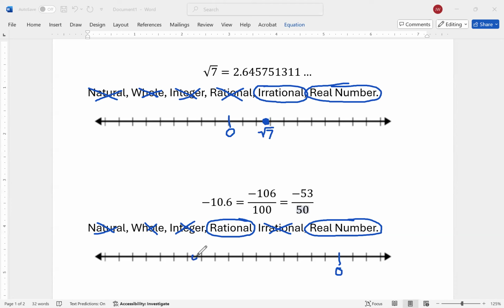That's negative 10.6 right there, approximately. So there you go. We've plotted these two numbers on the number line and classified them for what they are.